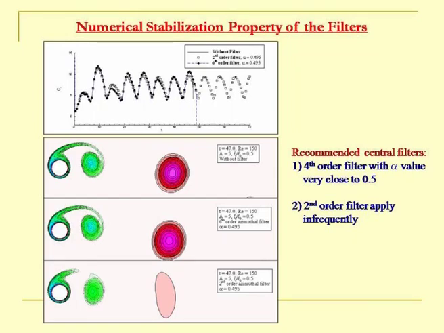Here a choice of a fourth order filter with alpha equal to 0.495 does not suffice. Why? You can see here that the vortex which was causing the solution breakdown keeps on growing unphysically. So here is a case, actually I think it is a sixth order filter.